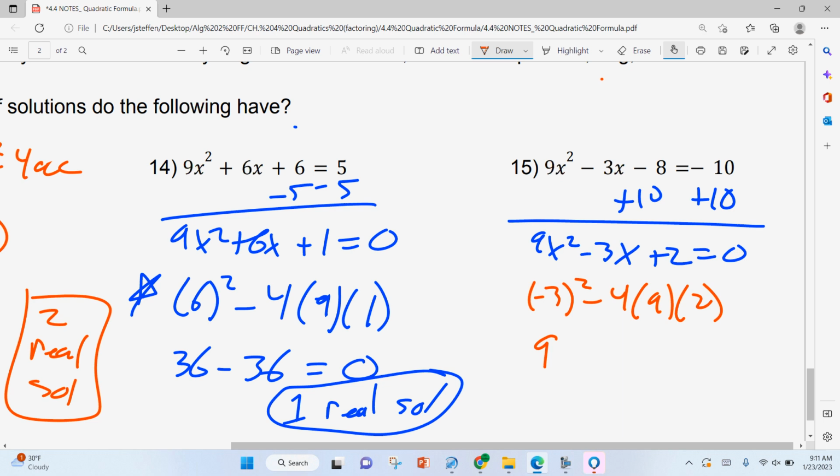That's positive 9 minus 4 times 9 times 2, which is 72. Again, if you want to find out what this answer is, I personally would. It's not hard. 9 minus 72. And again, I would just put this step in my calculator, so find that out anyways. That gives you negative 63. But again, all we need to know is that it's negative. So that is 2 imaginary.